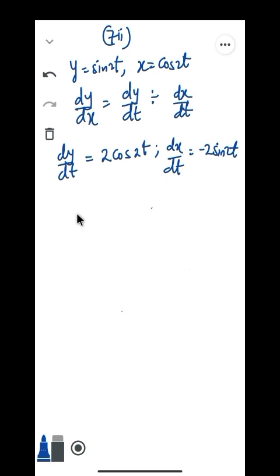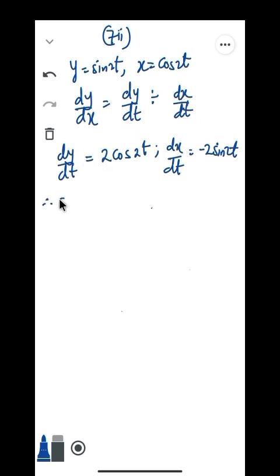Okay, so if you're not conversant with chain rule, you can do some study around that to help you solidify that. We might not have time to go through the whole process of this, but this is what you get if you differentiate sine 2t and if you differentiate cos 2t.